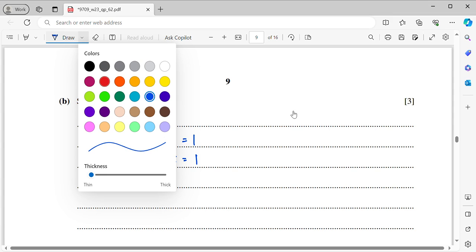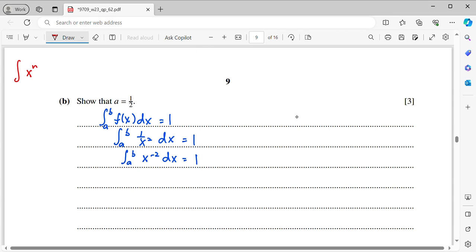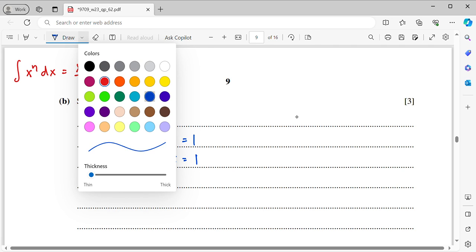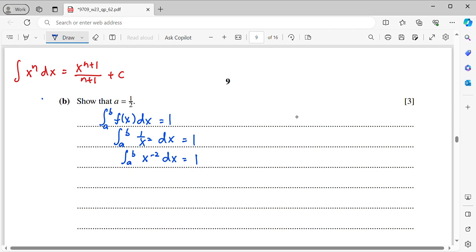Now to do the integration, we use this formula, integrate x to the power n, it will be x to the power n plus 1 over n plus 1, then plus c. So you divide by the new degree. So here I will get x to the power of negative 2 plus 1 is minus 1, then over minus 1, together with the limits a to b equals 1.